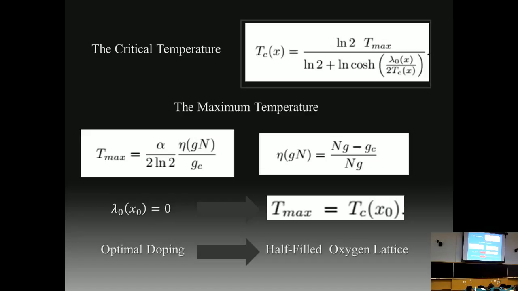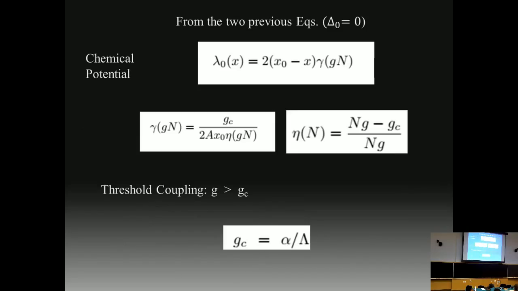You see that it is an implicit equation because Tc is here and here, and lambda 0 is the chemical potential given by that.